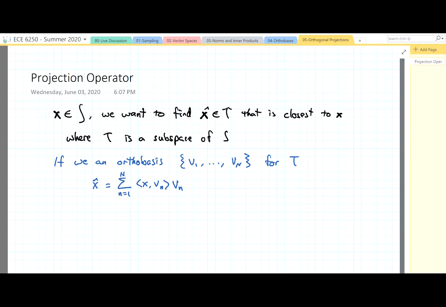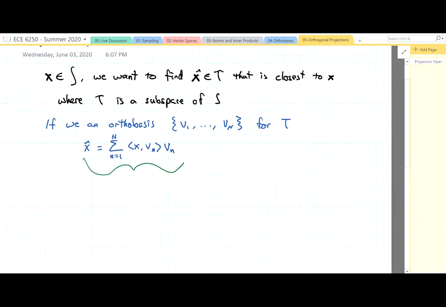Just as a word of caution, this representation only holds true if we have an orthobasis. We can still represent x as a linear sum of basis vectors times some alpha or a or whatever you want your coefficient to be, but in that case we have to find it by first finding the projection and then multiplying it by the inverse of the Gramian.